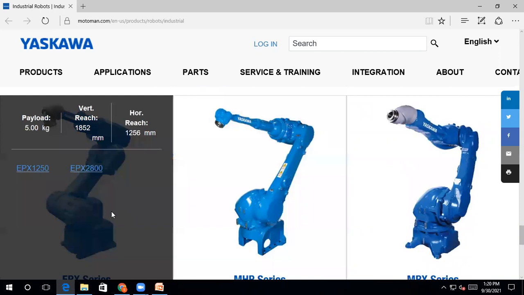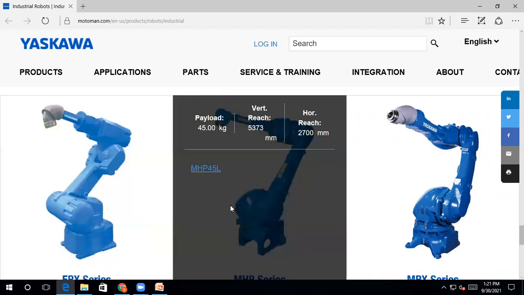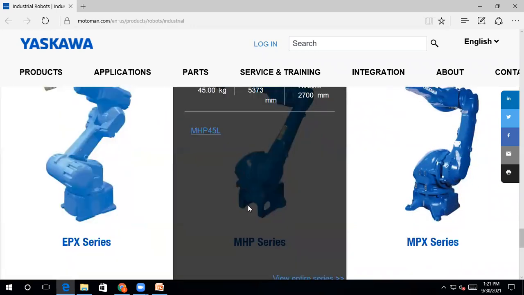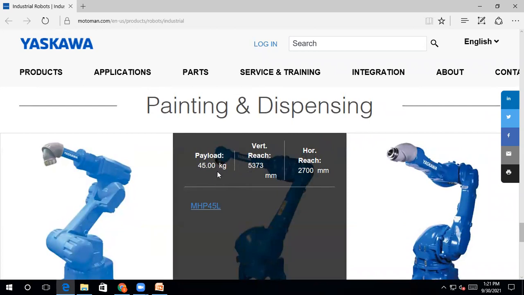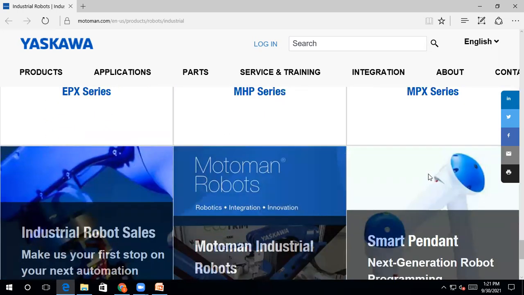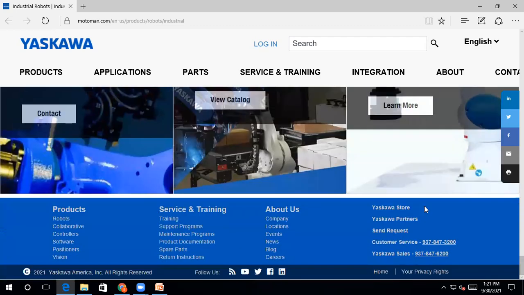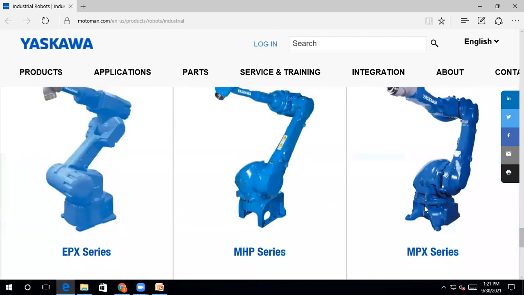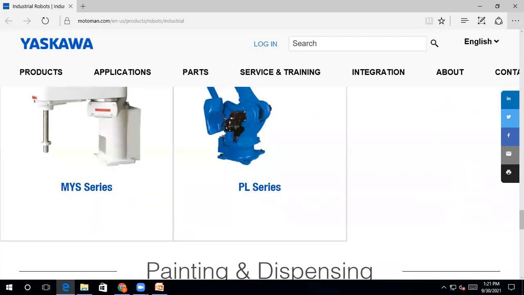This EPX series, its payload is 5 kg, vertical reach 1852 mm, horizontal reach 1256 mm. Then next is the MHP series, payload 45 kg, vertical reach 5373 mm, horizontal reach 2700 mm. These robots are used for different applications and they have different specifications.